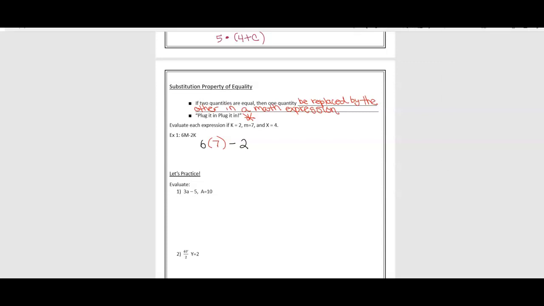So instead of multiplying by k, I'm going to multiply by 2. And then now I'm going to multiply this and multiply this. So 6 times 7 is 42. Bring down my subtraction. 2 times 2 is 4. And then now, what's 42 minus 4? 38.